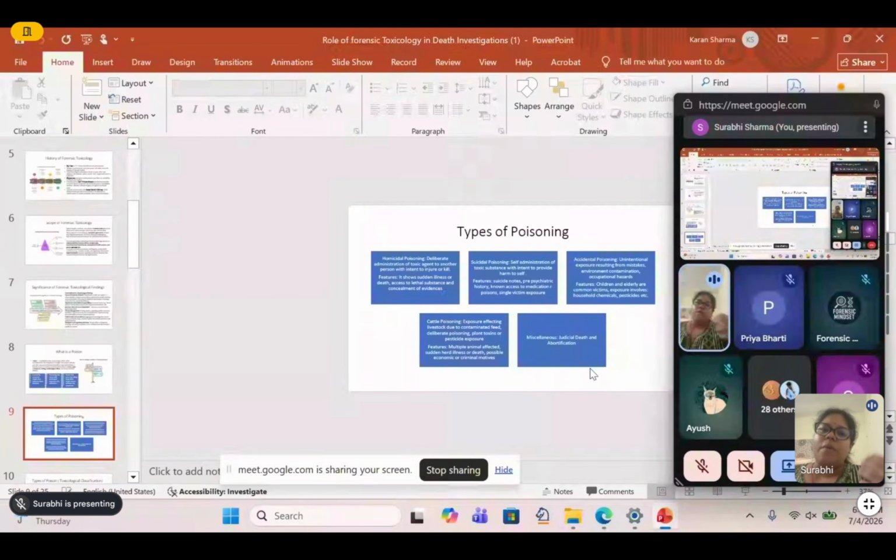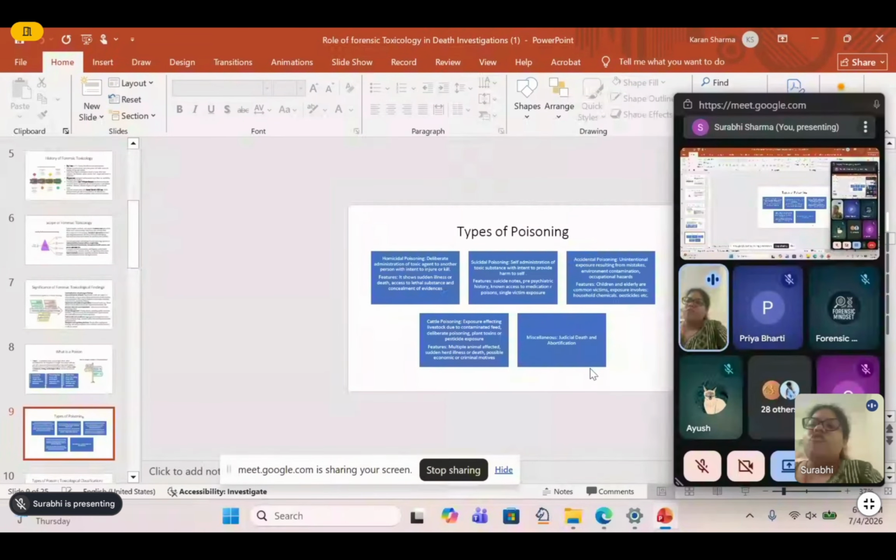They are very common in households, but if a person takes it knowingly, it is known as suicidal poisoning. Then accidental poisoning, again I'll take the example of these household items, that is naphthalene balls or mosquito repellent or detergents, etc. If a person takes it by chance or mistakenly, and if it causes death, it is known as accidental poisoning.